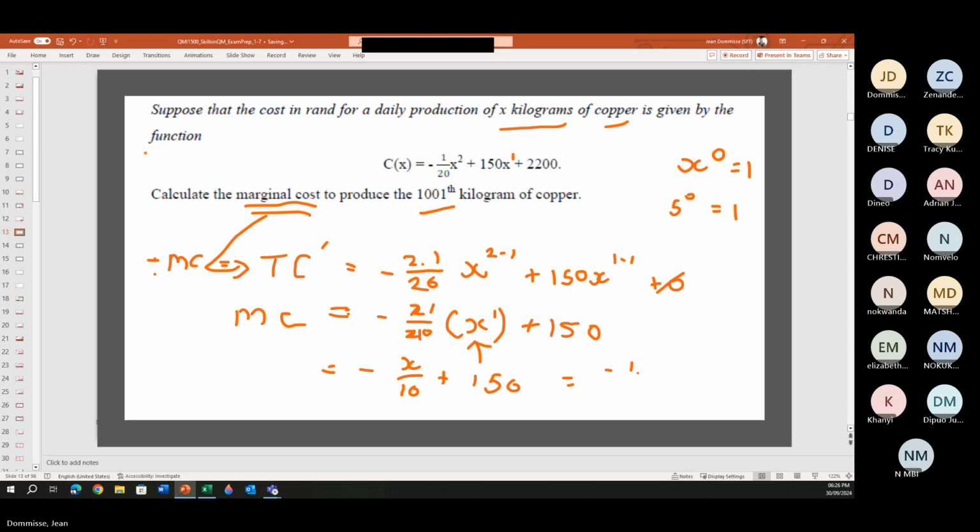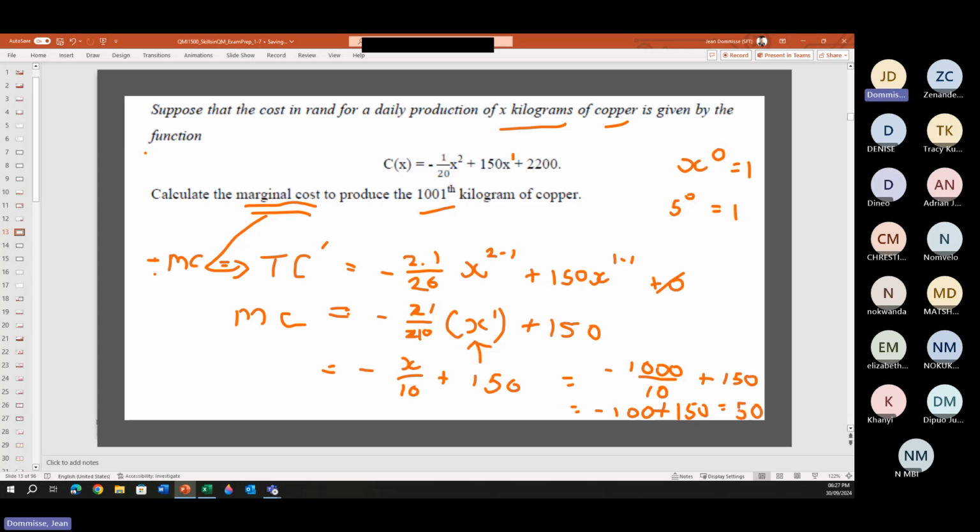So I was just wondering, because of that negative, that is going to be negative, but 1,000 divided by 10 is 100, so minus 100 plus 150 still gives us a positive 50.